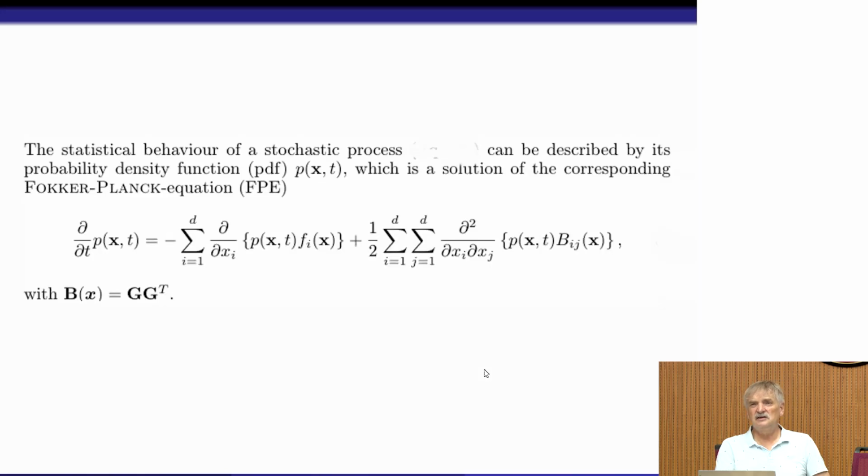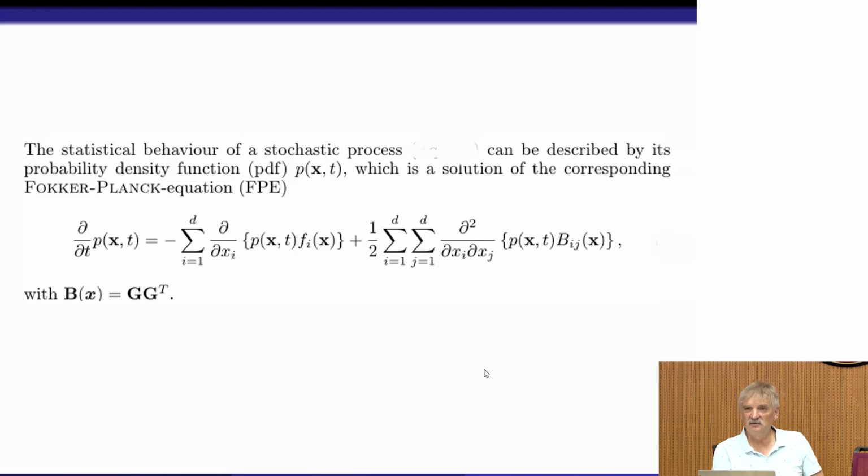Yeah. And this is the transformation to the probability. You transform from the state variables to the probability distribution function. So the small p is the probability distribution function, and this is called a Fokker-Planck equation.